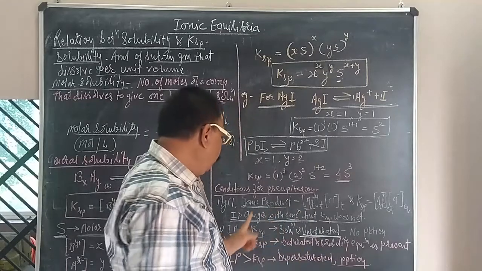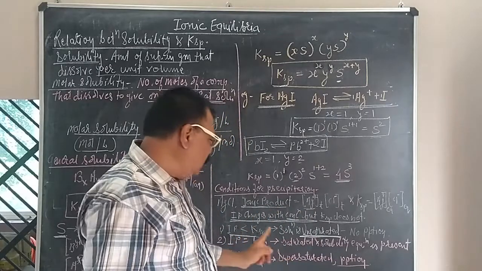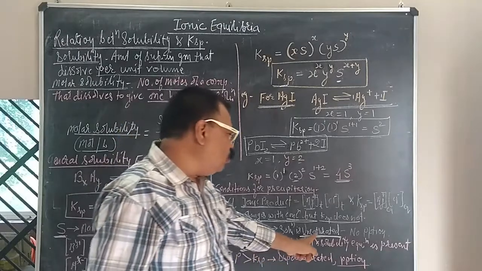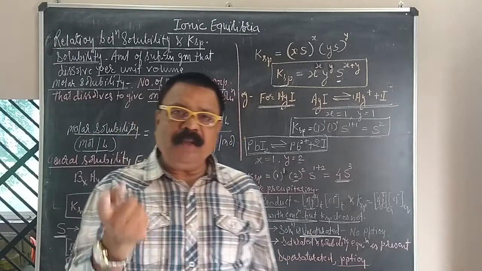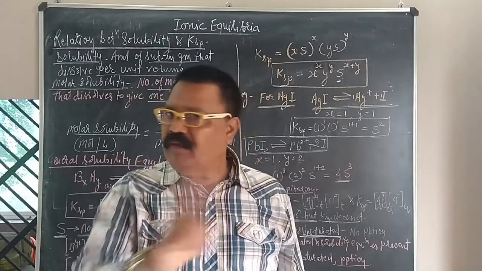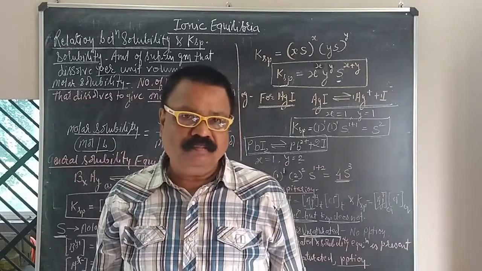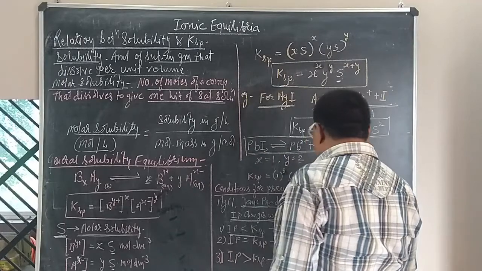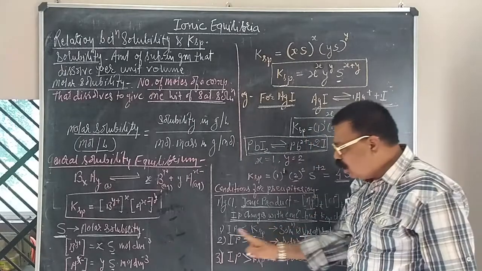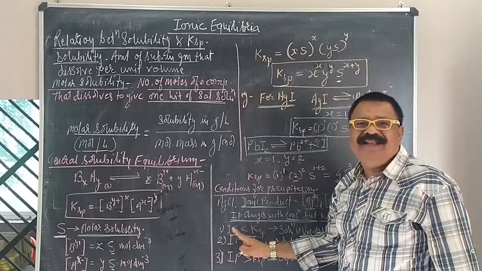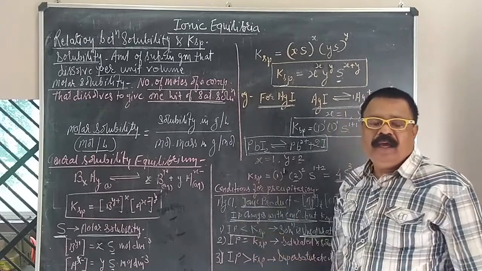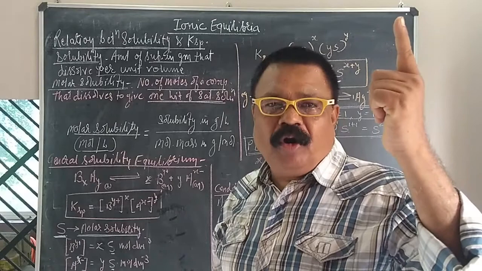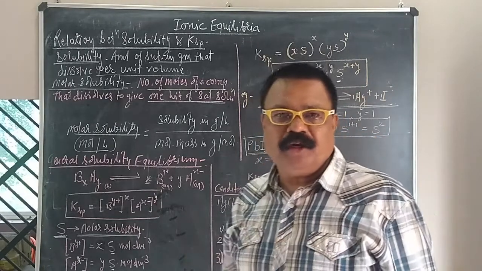Condition 1: if the ionic product is less than the Ksp solubility product, then the solution becomes unsaturated. If the solution becomes unsaturated, then there will be no precipitation at all. So that's why I say precipitation does not occur when the ionic product is less than the solubility product. यानी यहाँ पे हम लोग बोल सकते हैं when the solubility product is greater than the ionic product, there will be no precipitation.